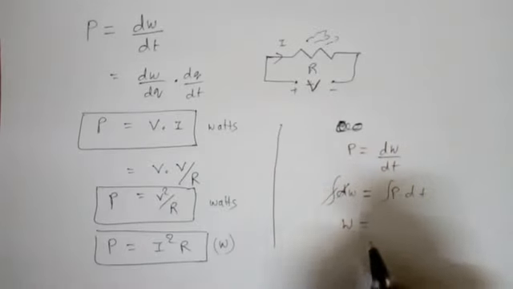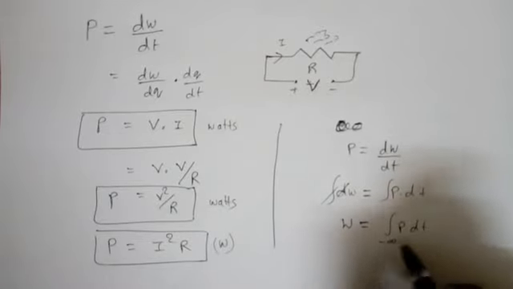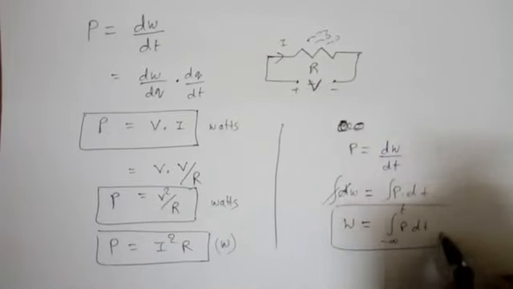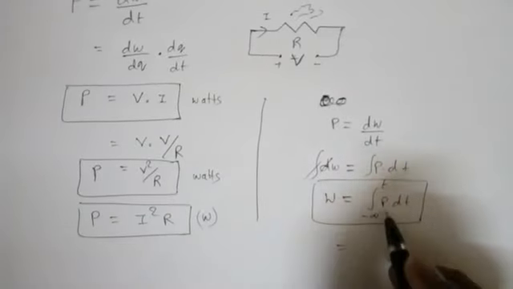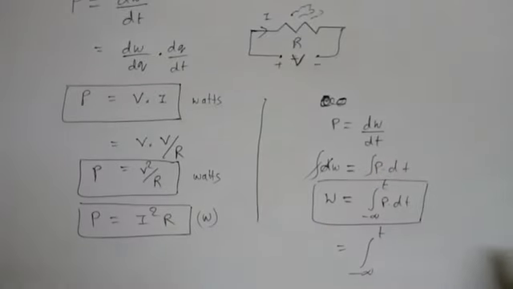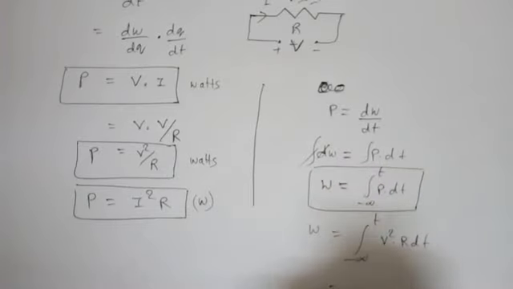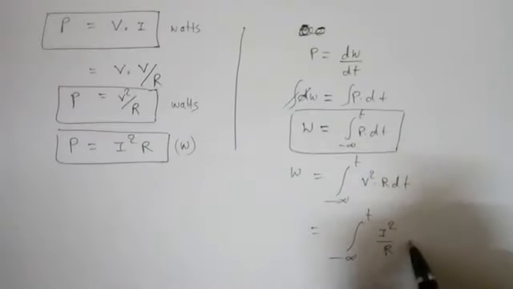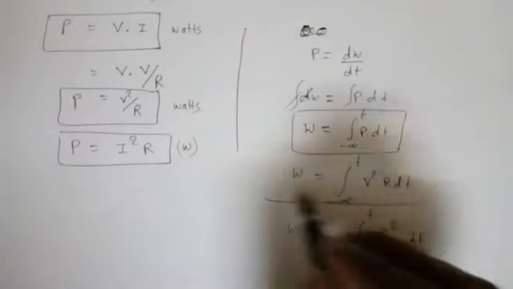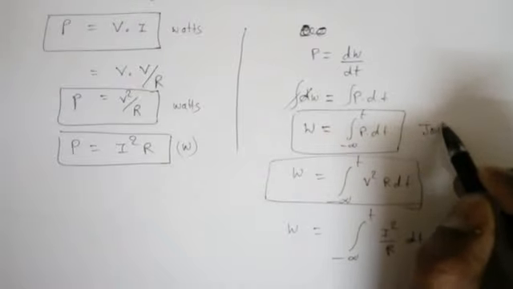So the energy absorbed in the resistor is the integration of P into dt from minus infinity to t. Now if I know the power, I can integrate, so I can replace P by V square by R into dt, that is one form, and the other is the integral from minus infinity to t of I square R into dt, right? These are the energy forms. What is the SI unit? Joules, right?